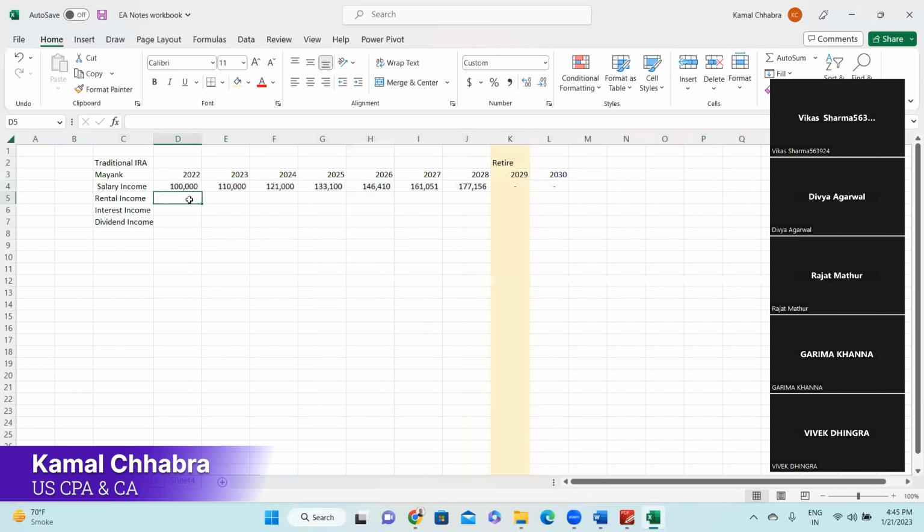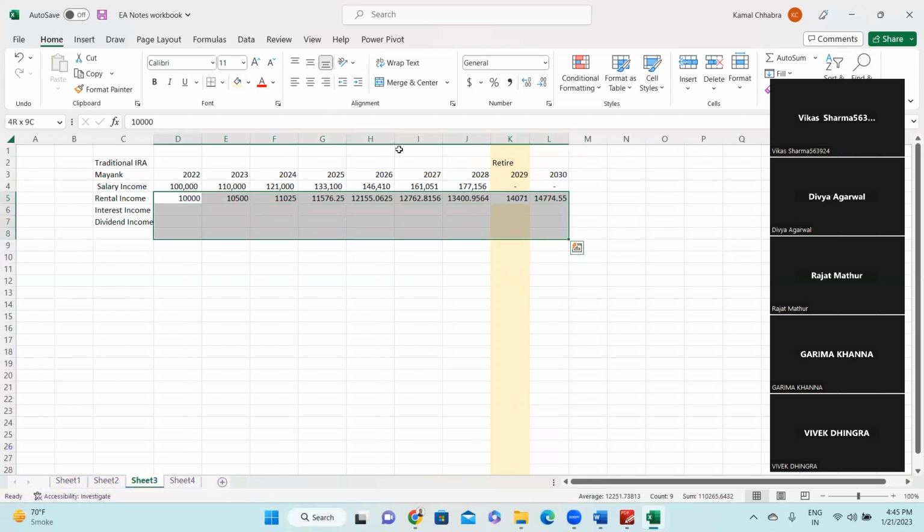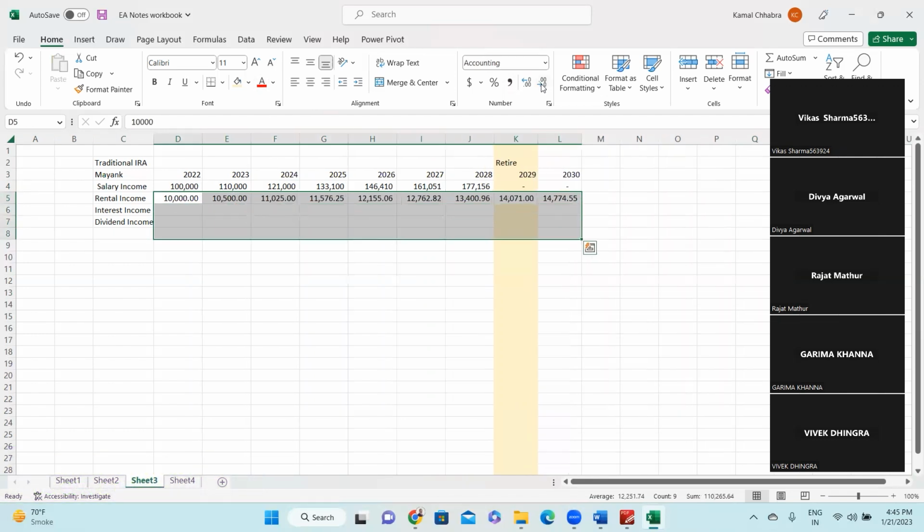And rental income, let's assume Mayank has a property which earns $10,000 a year in rent, and that also increases at the rate of 1.05% every year. So this is the rental income that Mayank earns.